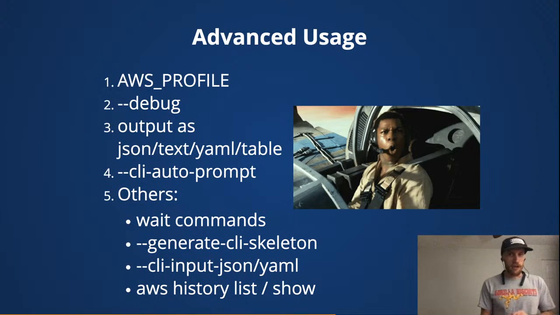Very useful for bash scripts, very useful when you're scripting against the AWS CLI. And can be useful if you're just running an instance and you want to not have to keep refreshing. So useful, look it up.